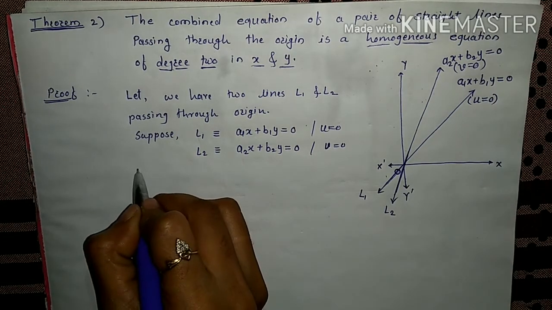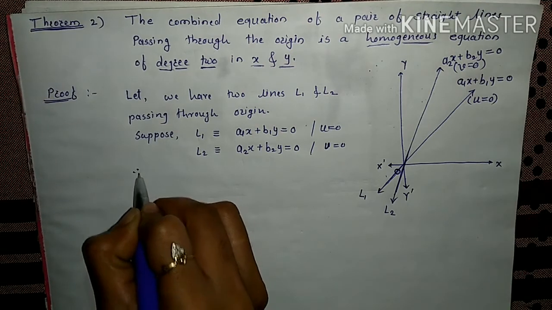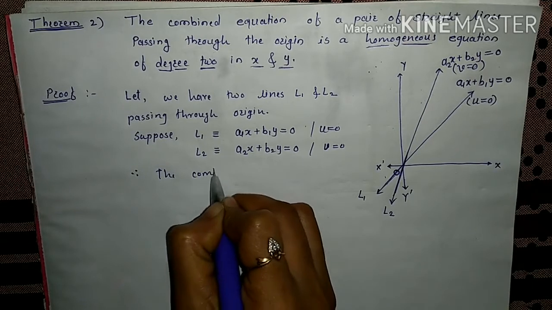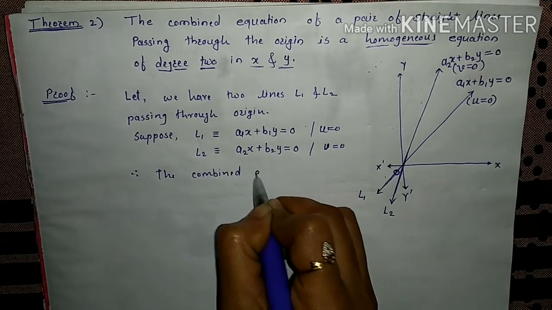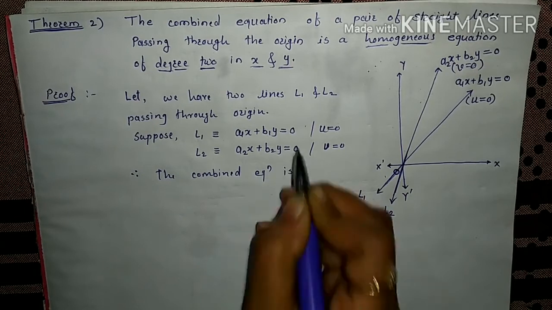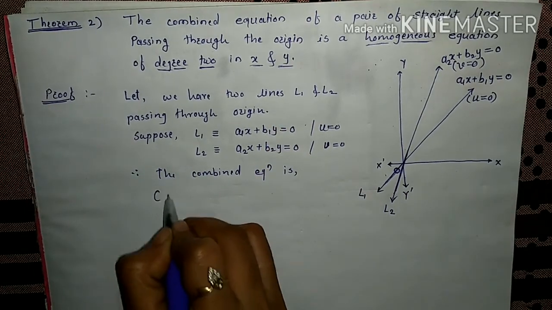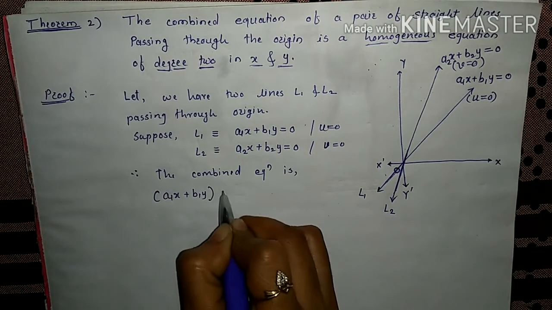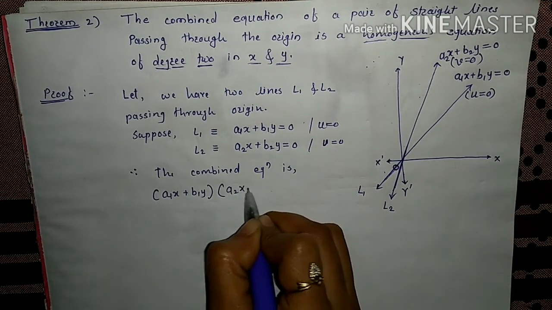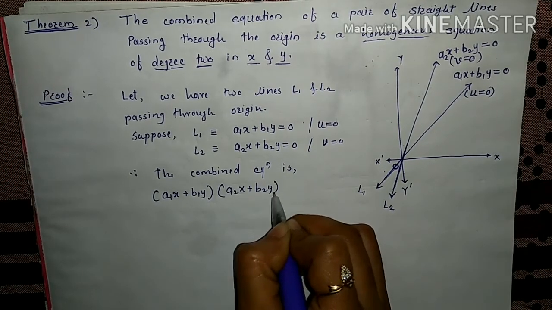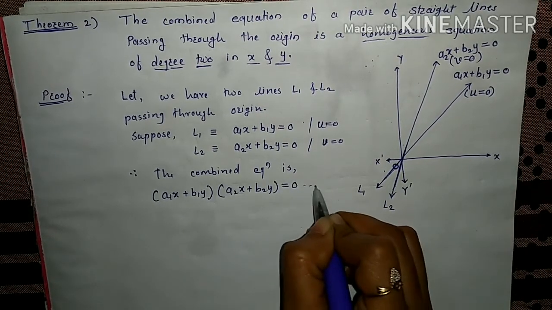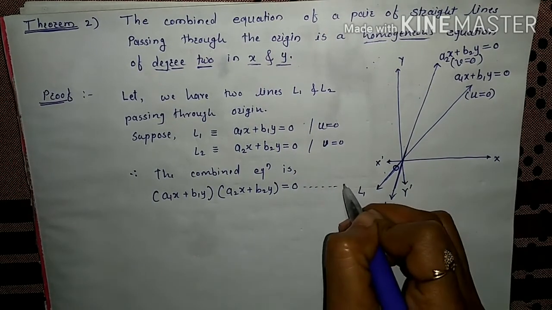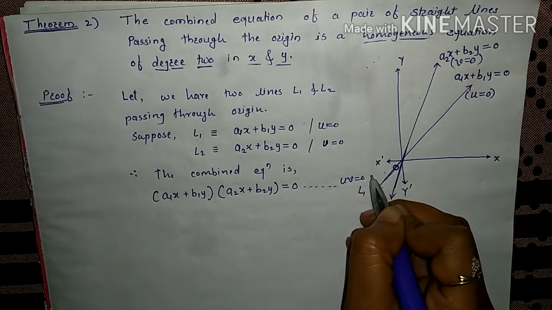Now let's find the combined equation for these two lines. Therefore, the combined equation is the multiplication of these two equations, a1x plus b1y into a2x plus b2y is equal to 0, because we know that the combined equation is u into v is equal to 0.